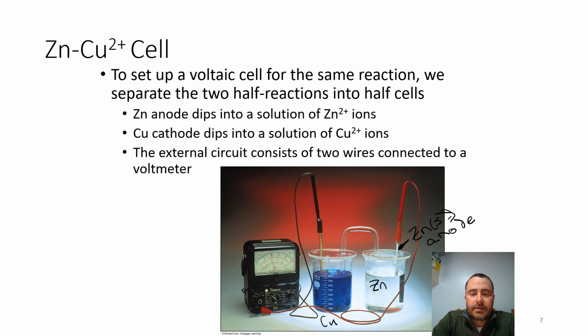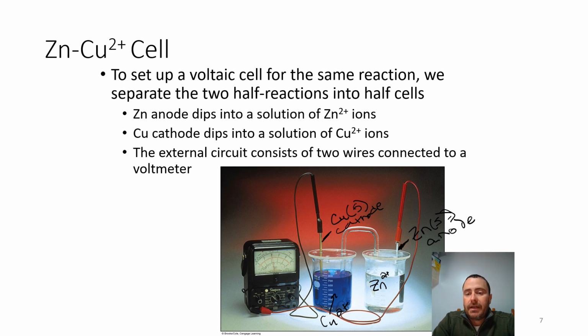Over on the other side, we have solid copper, and that is our cathode. In the solution, this is some copper 2 cations, and over here we have some zinc 2 cations in there. Those are in there, but we have those two electrodes.